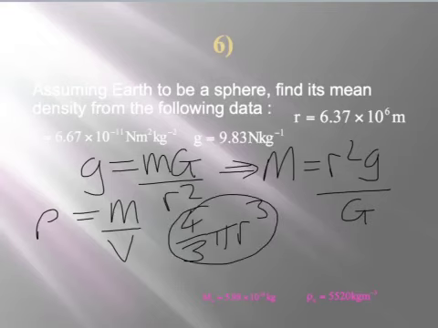So plugging in the radius of the Earth, cubing it, you can work out the volume. You should get this value here to 3 significant figures. It works out to be 5523, but the 3 is not significant since we've only got 3 figures for the radius, the gravitational field strength, and of course big G.